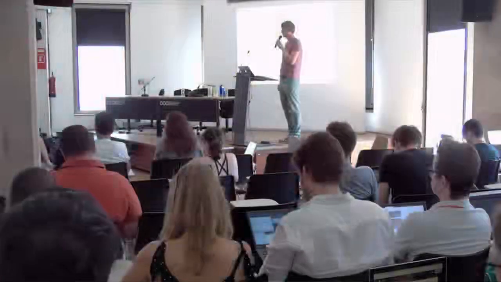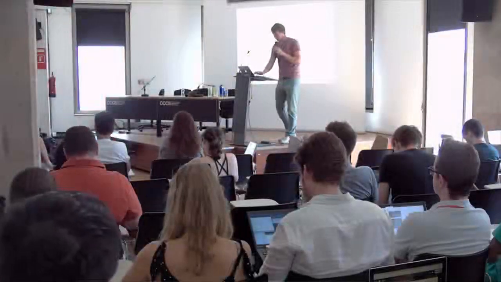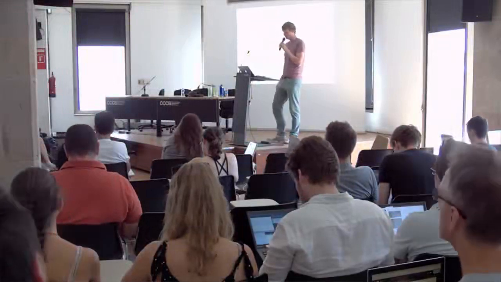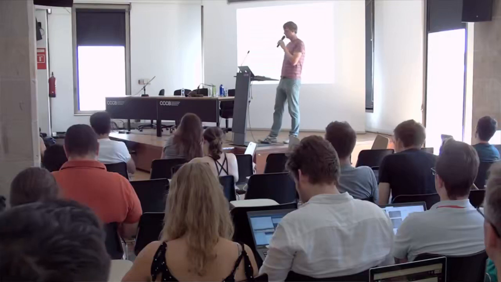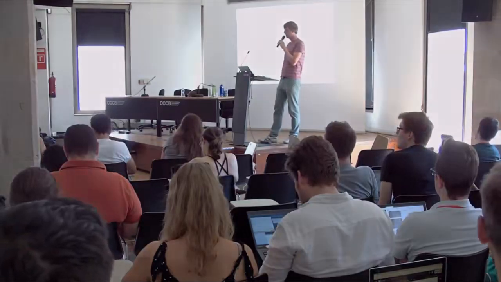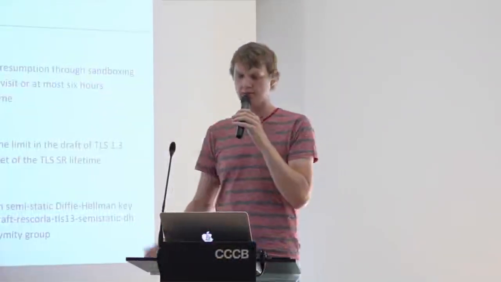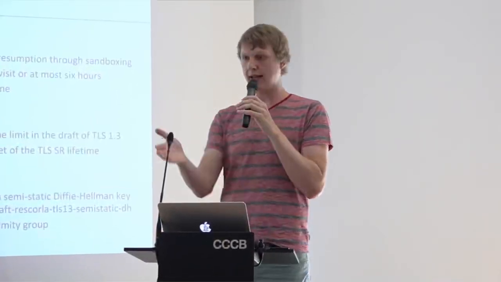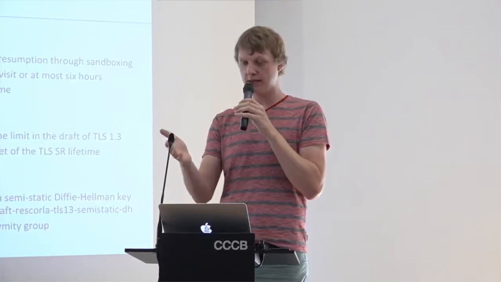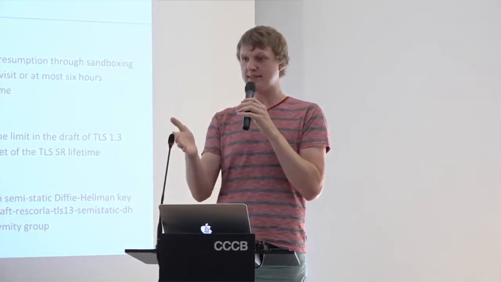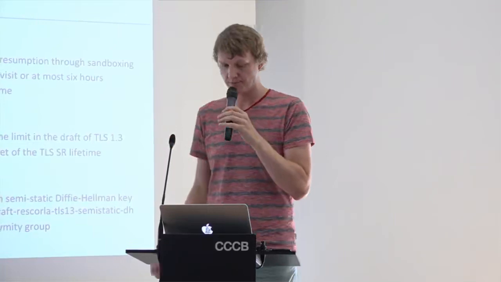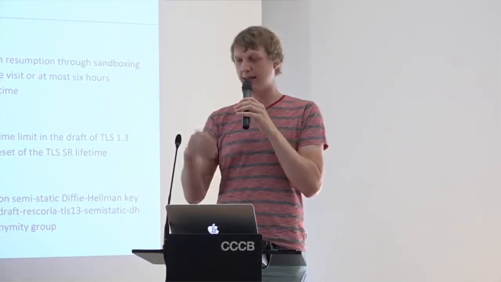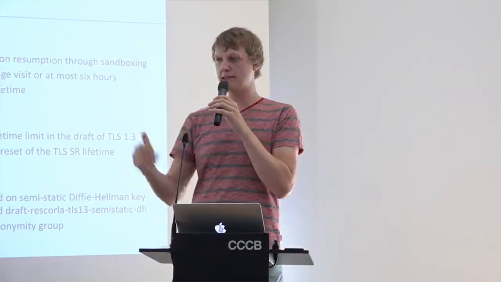Hi. On slide 11, could you open it again? The last line reads public key is shared within an anonymity group. What does it mean? That is these proposals, like we also spoke about the recently published SNI encryption. There is a public key available, and you encrypt the first message with this public key.